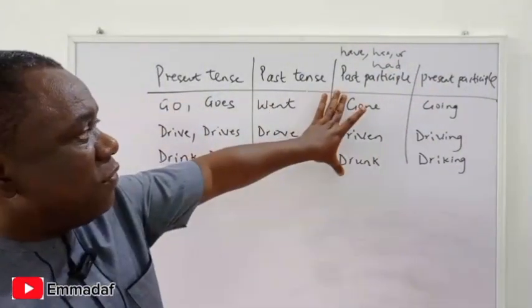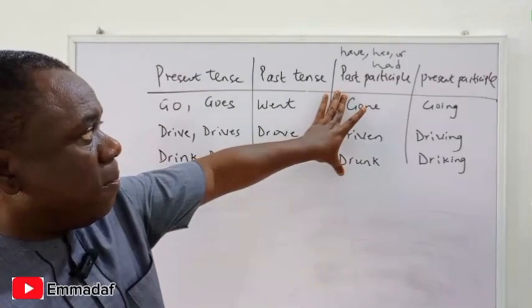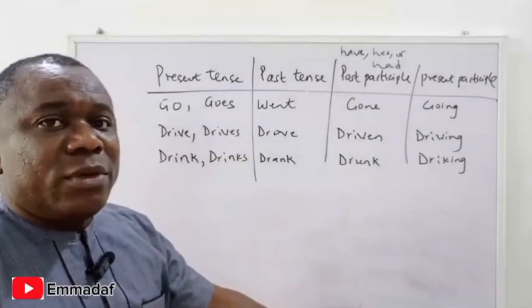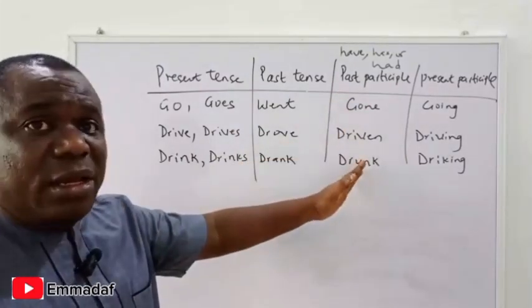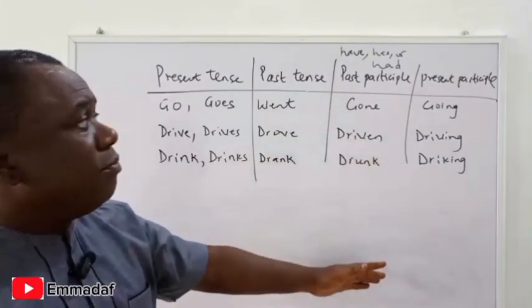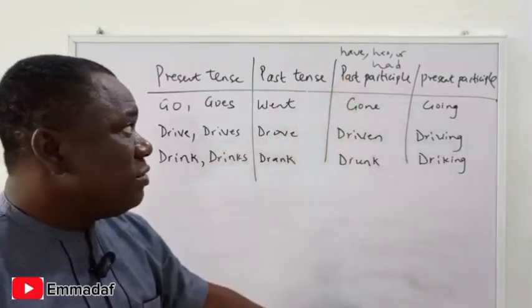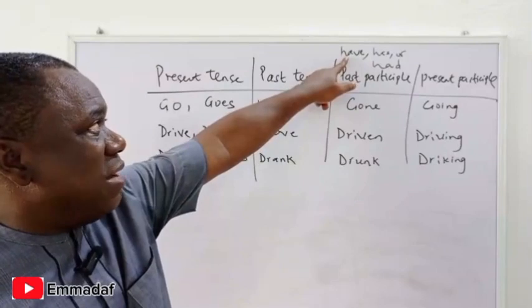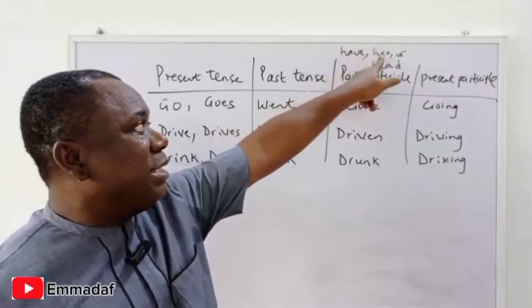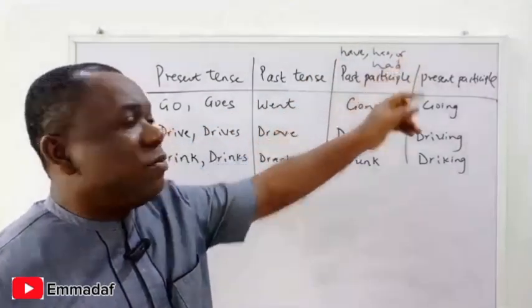Whenever you use any of these, the verbs here, of course, there are hundreds of them. I just wrote 3. There are hundreds of them. Whenever you use any of these verbs, they must be combined with the auxiliaries have, has, or had.